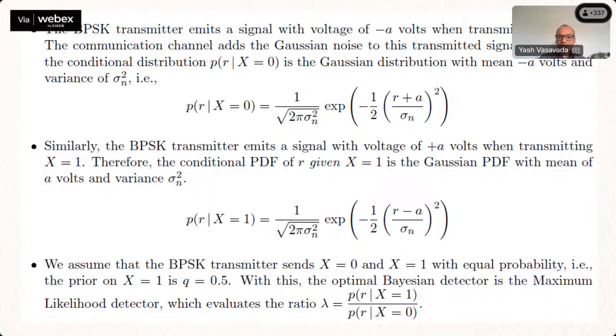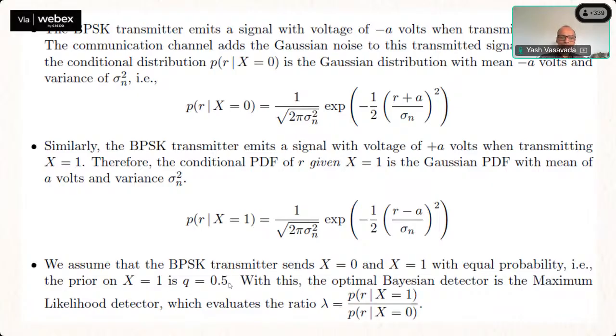And this applies only when x equal to 0 and x equal to 1 occur with equal probability, meaning that q is equal to 0.5. Remember, x is the Bernoulli variable. Bernoulli variables are characterized by the value of q, which is the probability that x is equal to 1.